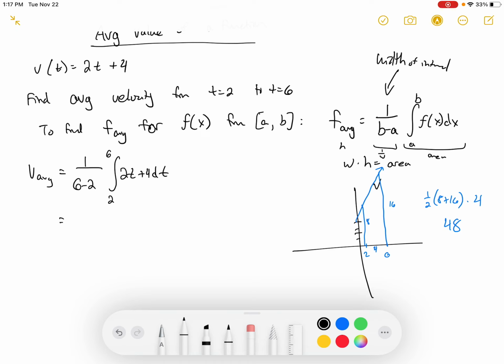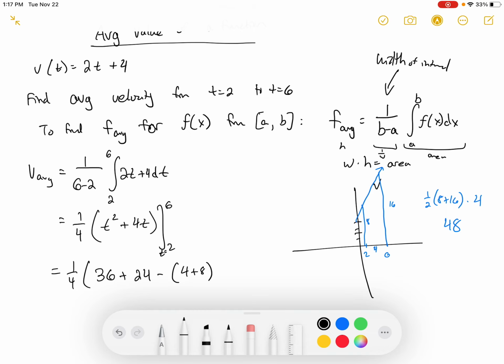This is, again, 1 over 4, so that's 6 minus 2. And then this thing in here is t squared plus 4t evaluated at t equals 2 and 6. We'll be consistent and write that. And so what that is, that's a quarter times 36 plus 24 minus 4 plus 8.